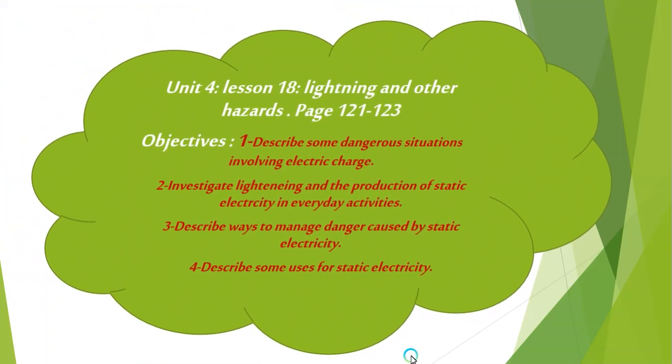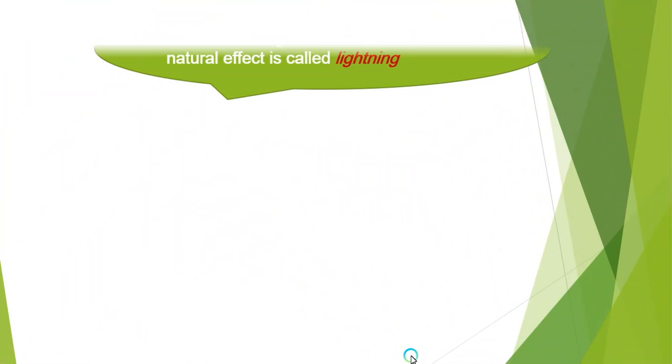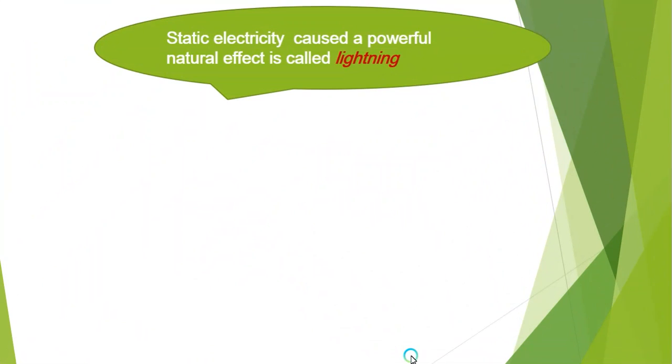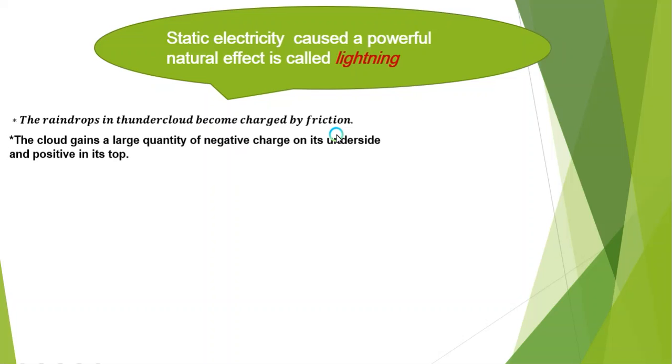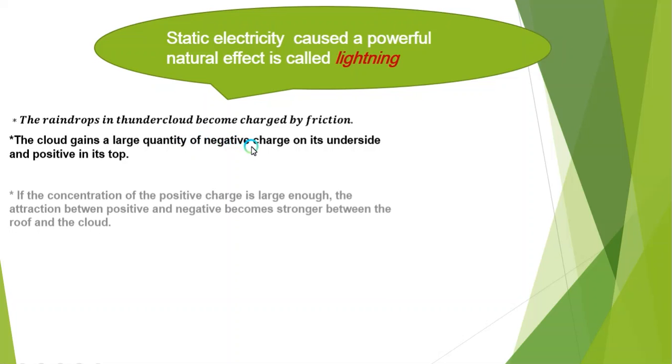And the last one, lightning. How is lightning formed? Actually, lightning comes from static electricity. The electricity causes a powerful lightning. For example, during rain, the thunder cloud becomes charged by friction, by movement, by rubbing against each other. The cloud gains a large quantity of negative charge, and positive charge on the top.